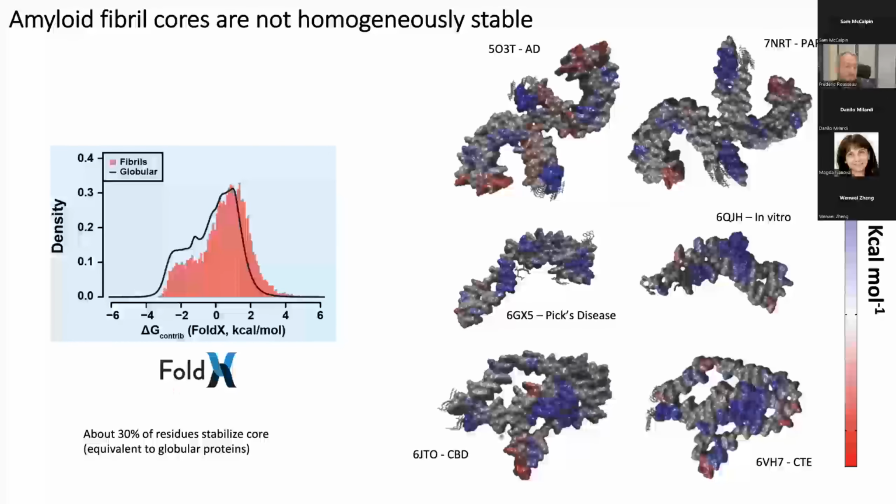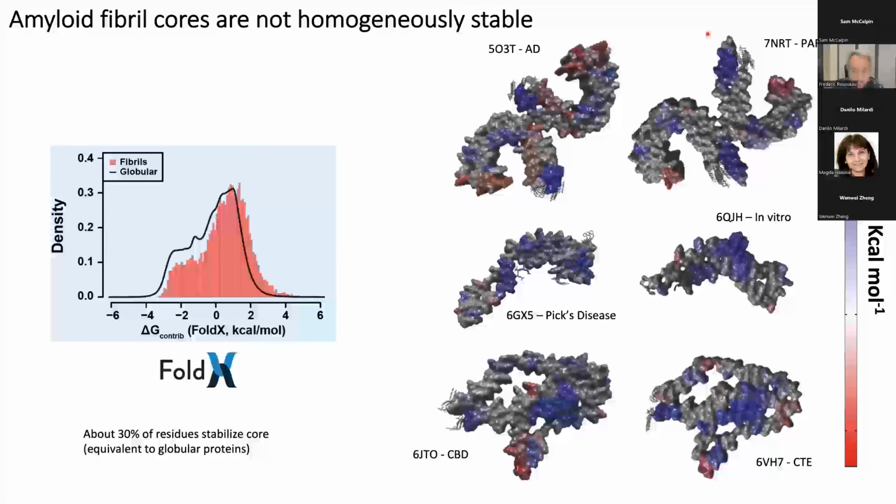We use this tool to see, now that we have those structures, how much each of the residues in these structures participates in the stability of the amyloid. It's a computational analysis, but the force field is quite reliable, and so it really can give you an idea of what's happening there.